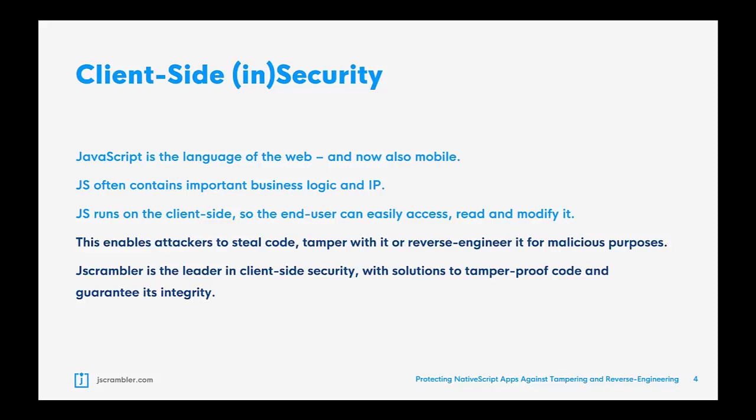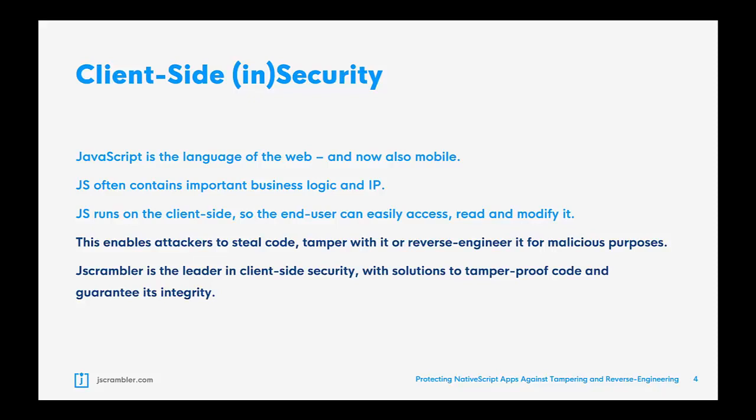There are cases where attackers really all they want is to steal the code and to use it on their own, like probably to launch competitor applications. But there's also the motivation to tamper with the code to unlock some features or simply to avoid paying or to steal sensitive information.